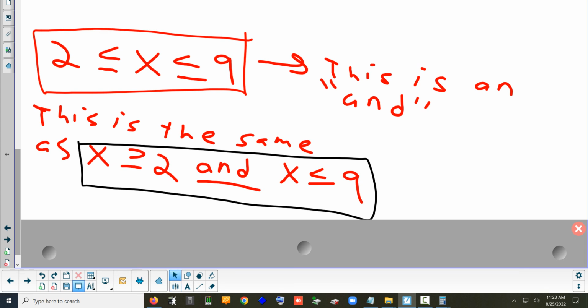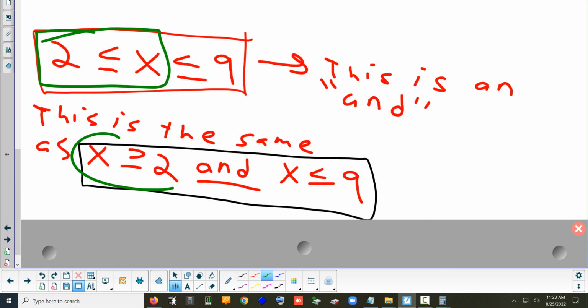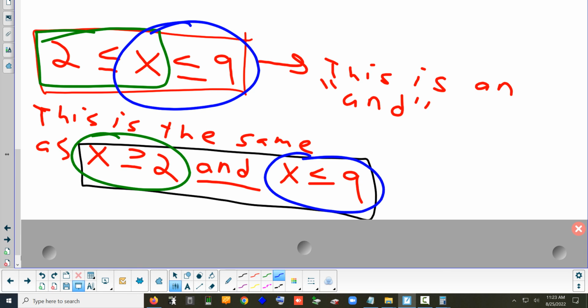And if you're wondering where does that come from, if you break the box up and look at that part, x is greater than or equal to 2. That's that part. And then if you look at x is less than or equal to 9, that's that part. So it's like the middle is used twice. It's used with the part on the left and the part on the right.